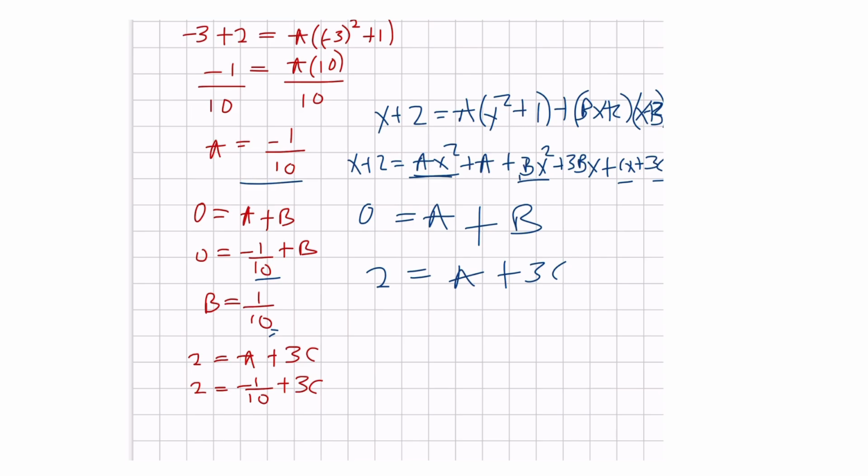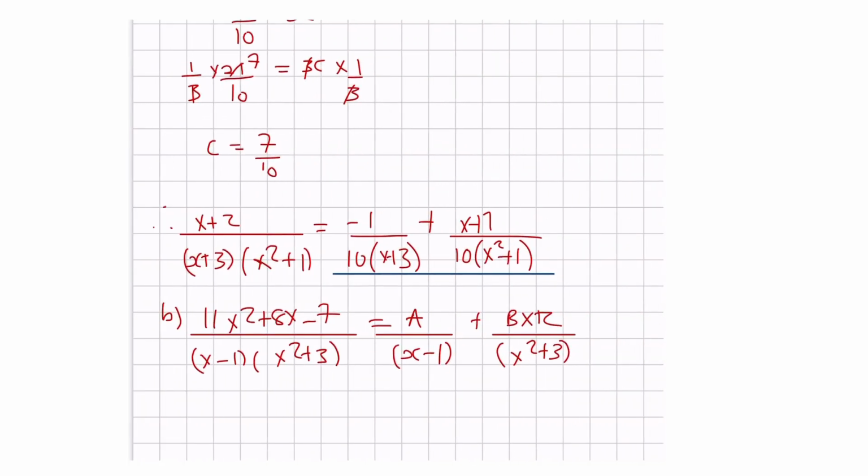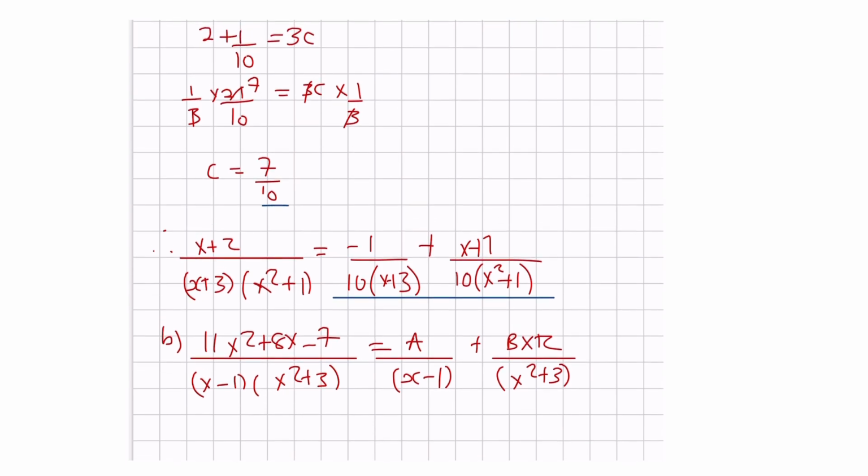So if we substitute a, which is -1/10, we will ultimately come up with the value of c being equal to -7/10. 7/10, sorry. Then from there, we will equate our left hand side to our right hand side by simply substituting the values of c and the value of b. And our final answer will be this one.